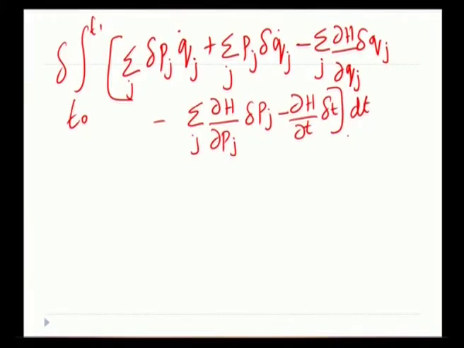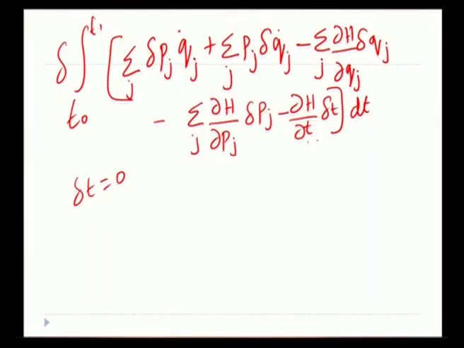Since time is fixed along any path, hence change in time along any path is 0. Del t is 0 here. So, this component will become 0.